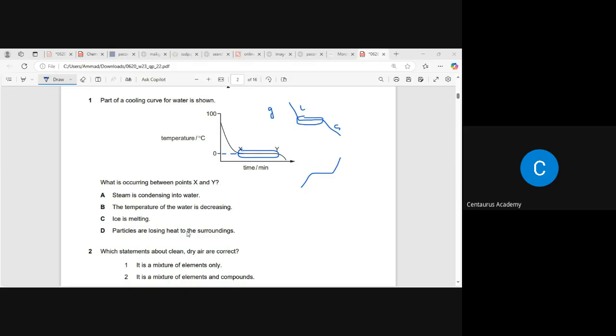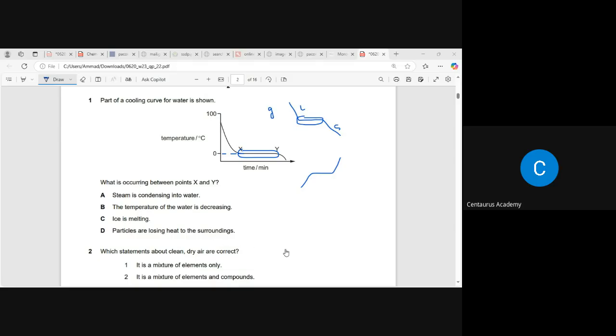Why? Because before freezing, this is basically liquid. So it's already liquid. It's water which is being converted into ice, and the phase which is going to be undergone is freezing. The temperature of water is decreasing. No. Ice is melting.